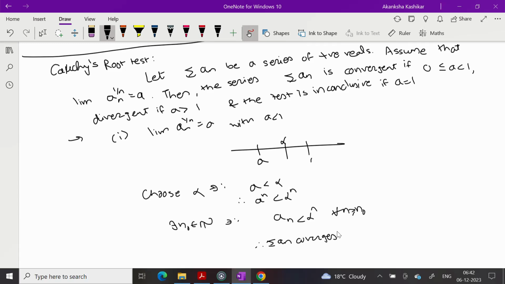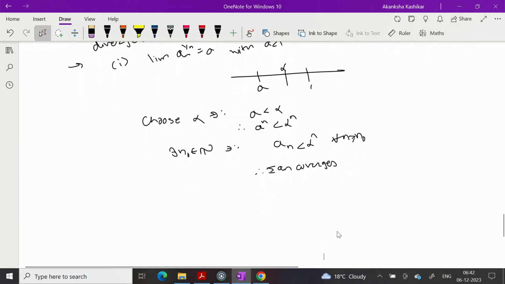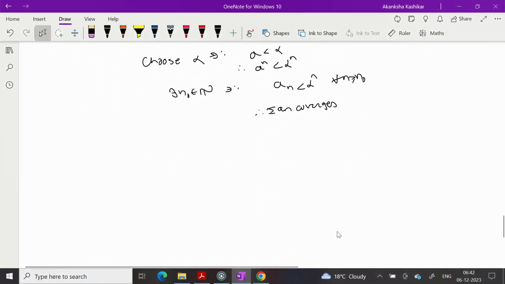Now we have to show that for a greater than 1 it diverges. We will again use a similar proof.